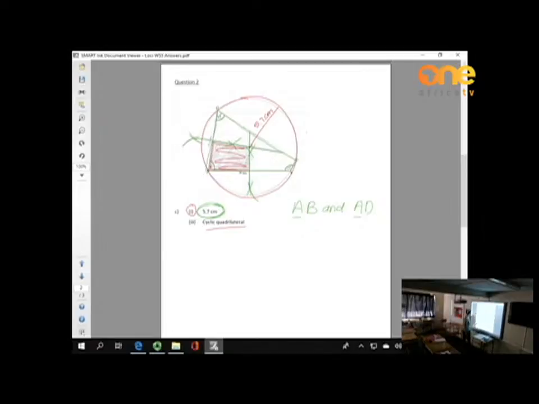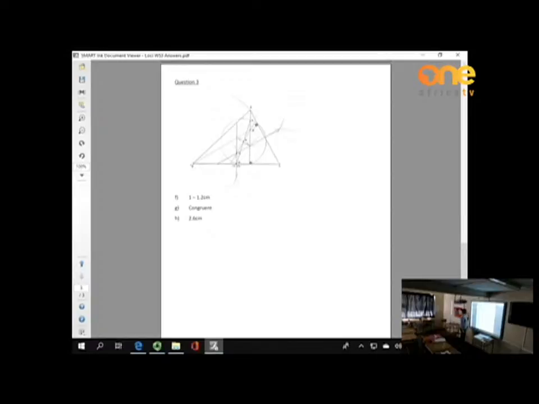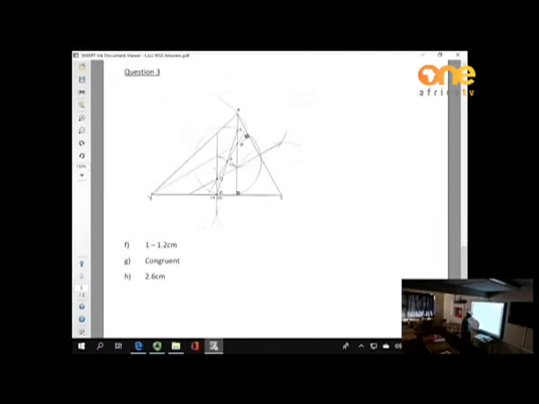Then going to question number 3, we have our drawing. Number A, we should construct the triangle with BC 10 centimeters, AB 9 centimeters, AC 7 centimeters. So here is A, B, C. Using your ruler to draw that 10 centimeters. AC is 7 centimeters and AB is 9 centimeters.